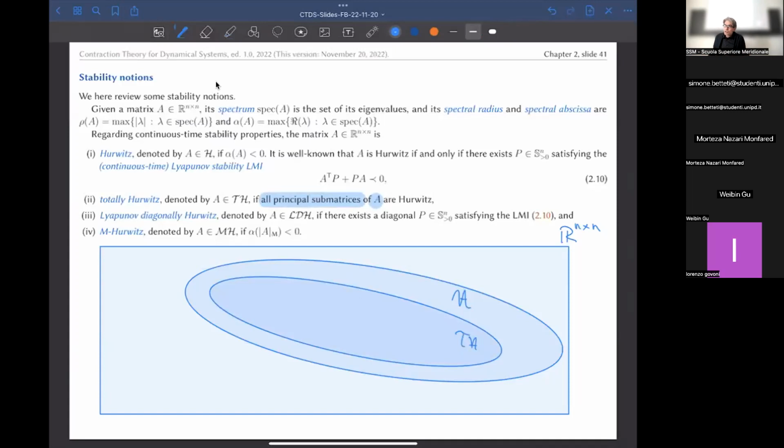So this total Hurwitzness is a nice notion of stability. The nominal system was Hurwitz, perfect. Now, even if a node fails, even if a row and column gets removed, any number of rows and columns gets removed, you remain Hurwitz. So that's very nice.